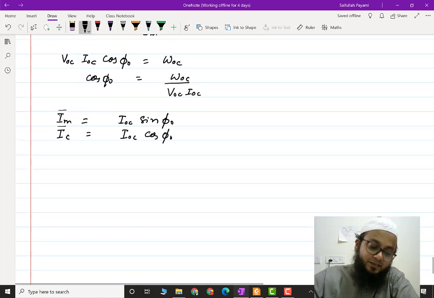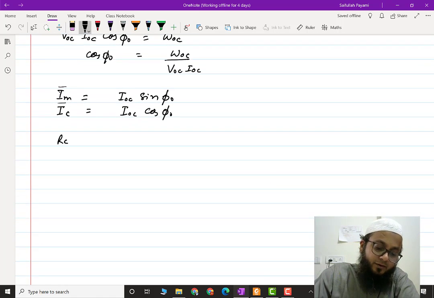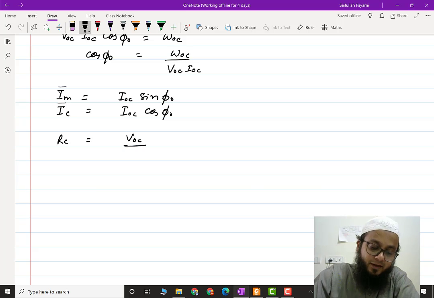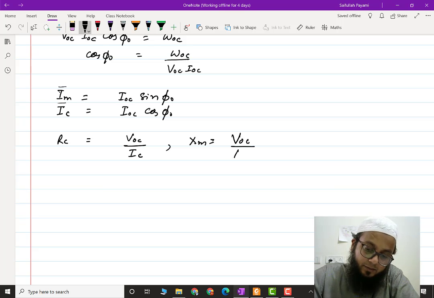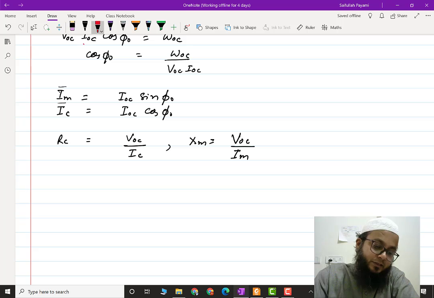So this RC would be given by VOC by IC, and Xm would be given by VOC upon Im. So with these equations, we can find the parameters.